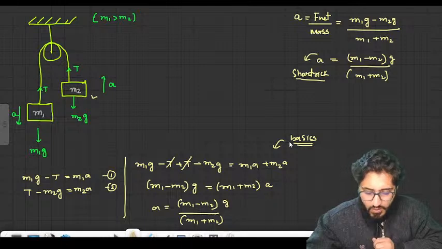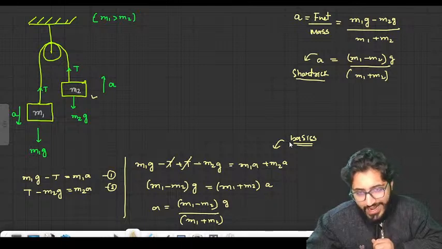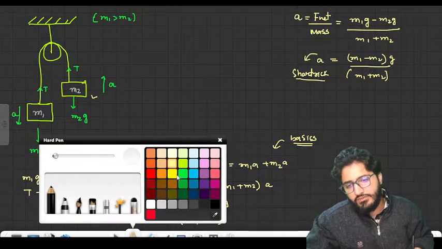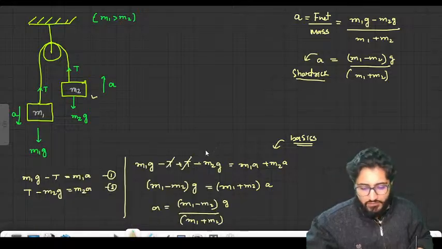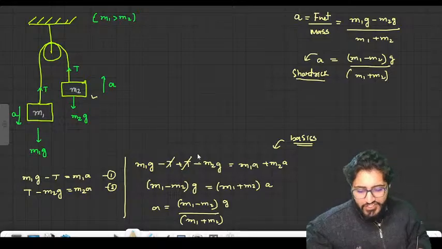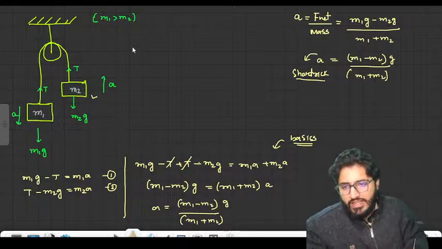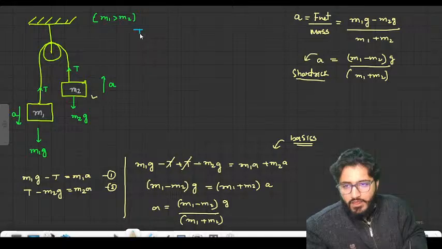Clear? So we got to know how to find acceleration. Now what about tension? How to find tension? Let's suppose I take one equation: tension T minus m2g equals m2a.